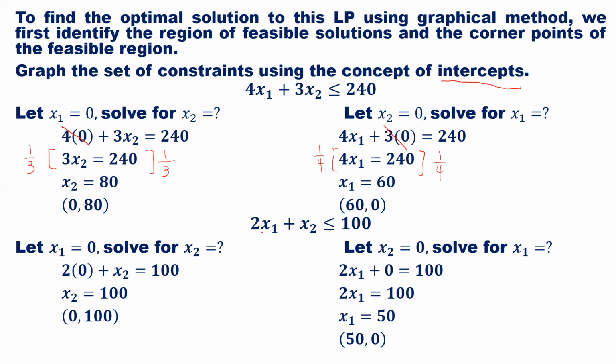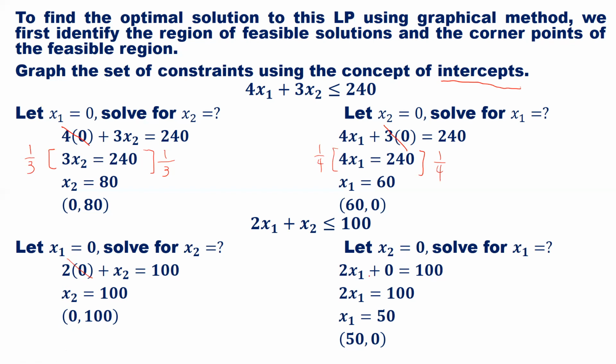Now we also have the second constraint, which is 2x sub 1 plus x sub 2 less than or equal to 100. So the same process, we let x sub 1 be equal to 0, and we solve for x sub 2. So we have 2 times 0 plus x sub 2 equals 100. So this is 0, and x sub 2 equals 100. So when x sub 1 is 0, our x sub 2 is 100. And then we let x sub 2 be equal to 0, and we solve for x sub 1.